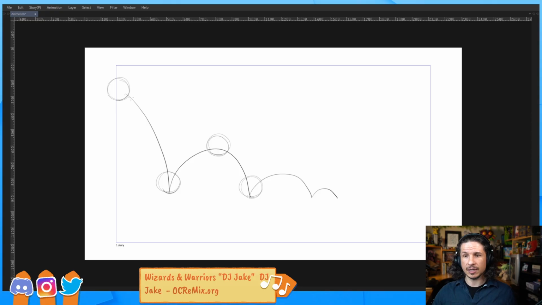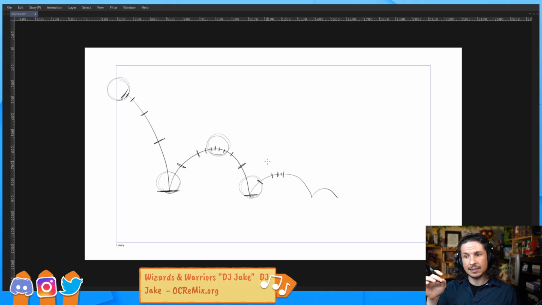Well, one of them is that as the ball falls, the spacing is going to ease out, get faster, faster, faster, until it hits the ground and contacts the ground. From there, it bounces up, and we go fast, and we ease in to the peak, and ease out again, going faster, faster, until we contact, and so on.